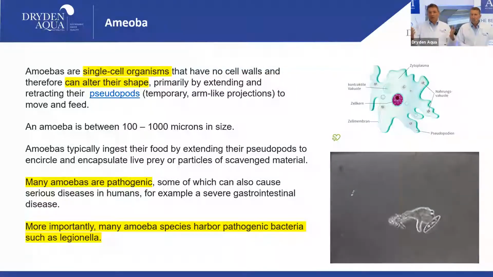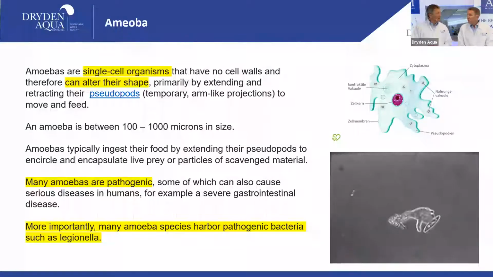Other bacteria they can digest, but not Legionellas. And for the Legionellas, this is the sweet, safe home, where they can multiply in a protected environment. Because in the biofilm, there are other microorganisms who want to eat the Legionellas. So they go to the amoeba, get absorbed, double in this, and can grow, multiply.